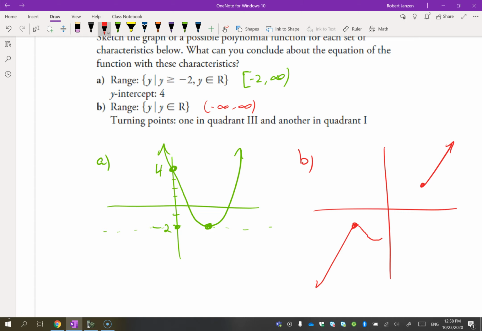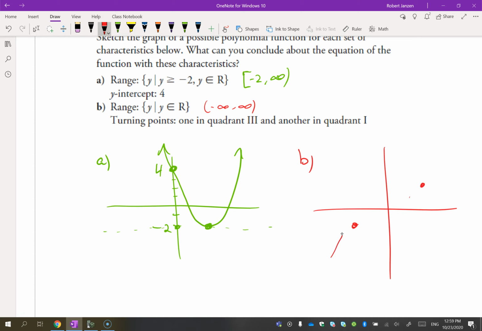Okay, and I want to turn also in quadrant 1. So I started with this, and then I was thinking, okay, if I want to turn like this, then how do I turn up here? A little bit confusing.